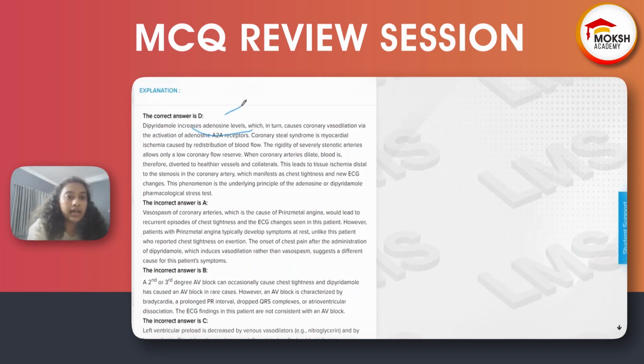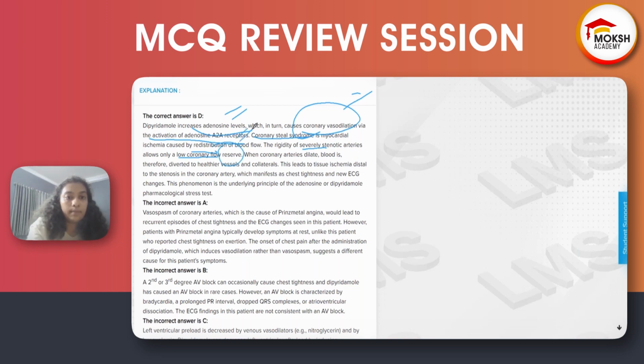Dipyridamole increases adenosine, which in turn causes coronary dilation. We know that by activation of adenosine receptors. Coronary steal syndrome is myocardial ischemia due to redistribution of blood flow, right? The rigidity of severely stenotic arteries allows only a low coronary flow.